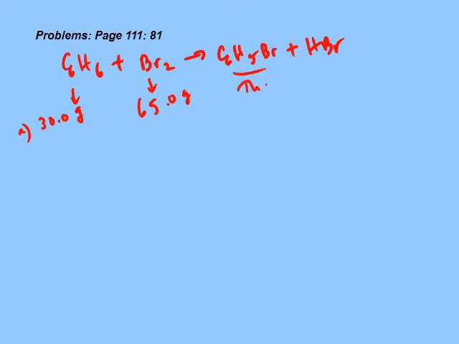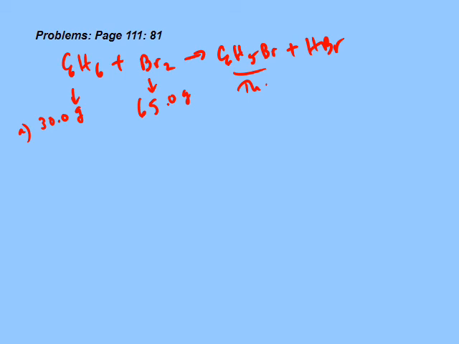Theoretical yield is nothing but the calculated value. That means when this reaction happens, how much C6H5Br we would expect to get. So let me show you how we can do that.